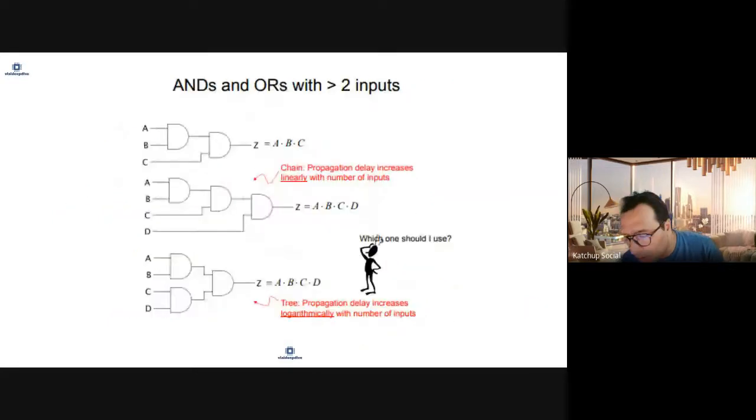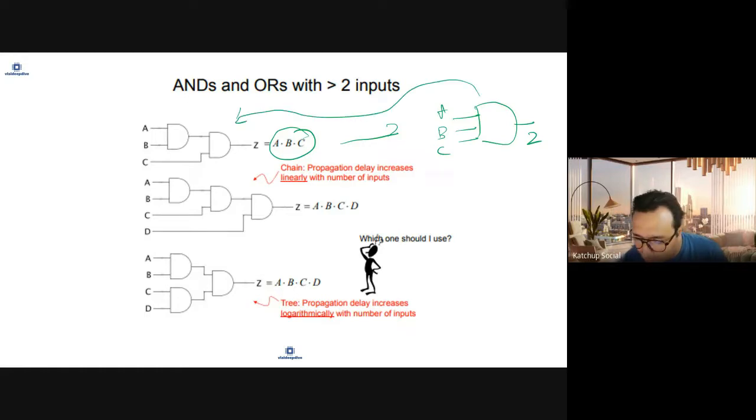If 3 input cells are present, it can just do A, B, and C ANDed, and that produces Z. But if 3 input cells are not present, then it has to use 2 input cells to create the same. So depending upon what is present in the library and what is not, it will use the cells from your library accordingly.